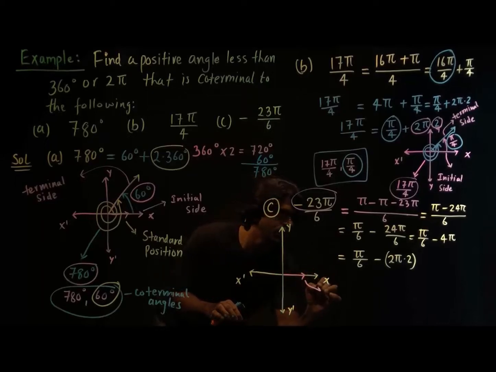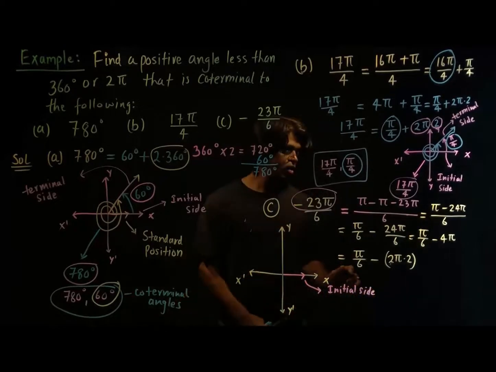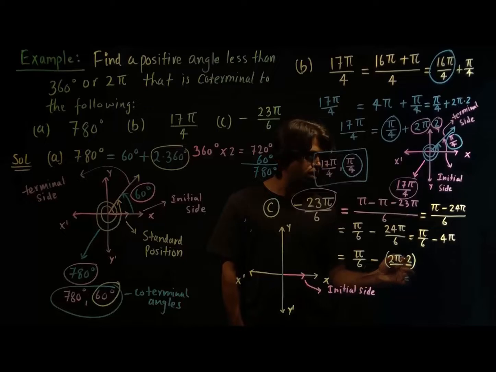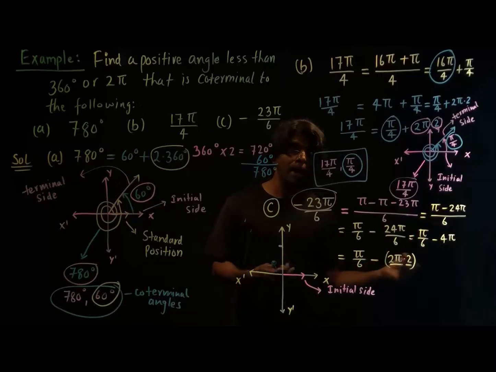I'm going to write it: this is my initial side. Now, if you look at the question, it says 2 pi times 2. So basically we need to go 2 rotations of a circle. But wait a minute, this is negative, which means what? Clockwise direction 2 times, which is like 4 pi.